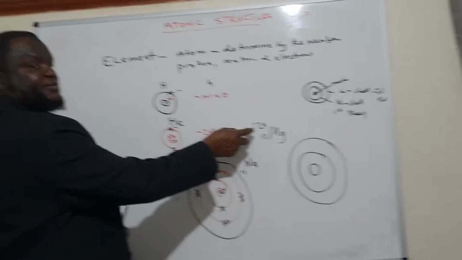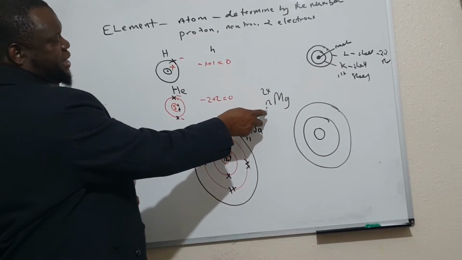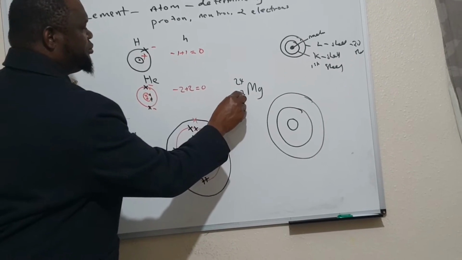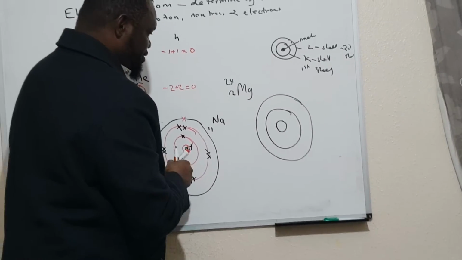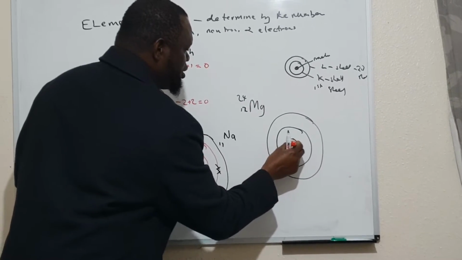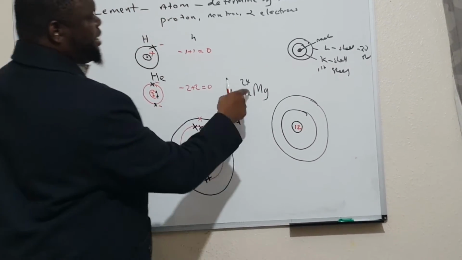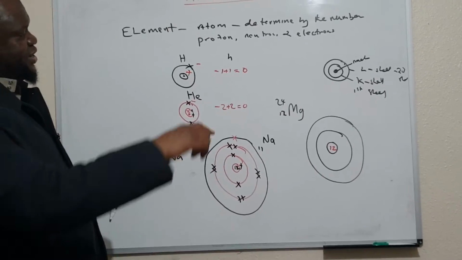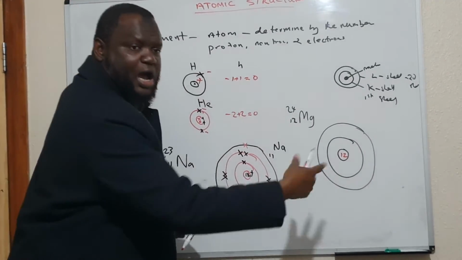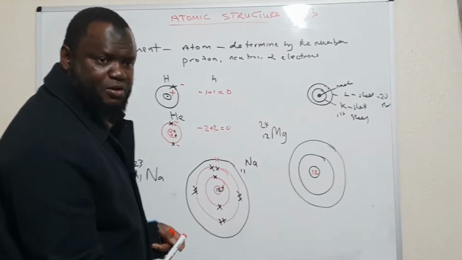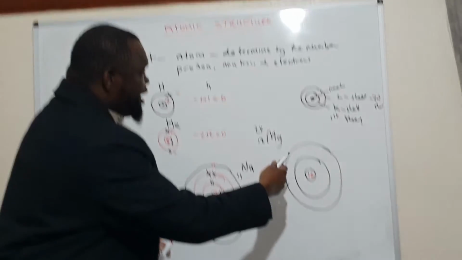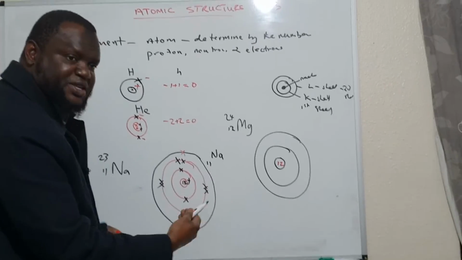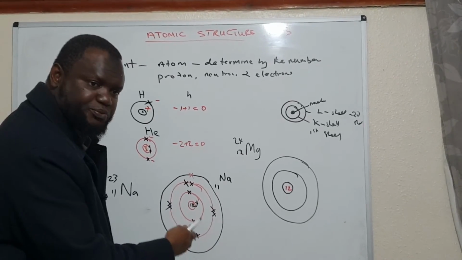So the mass number is 24. The atomic number is 12. So there will be 12 protons inside the nucleus. So that's why they call this one magnesium. If there's another one with 13, it will call another element in it. Okay? So the name of the element basically will depend on the atomic number.